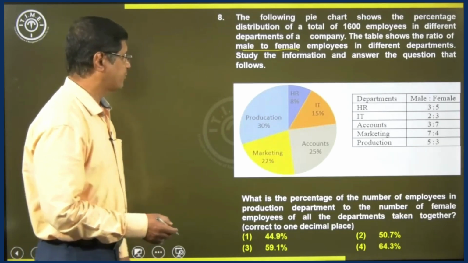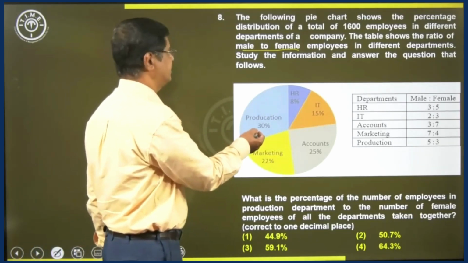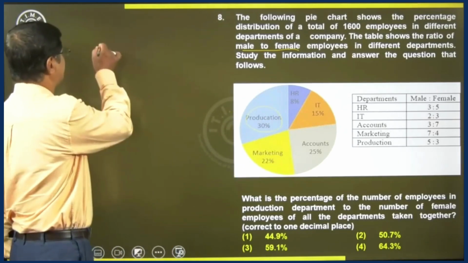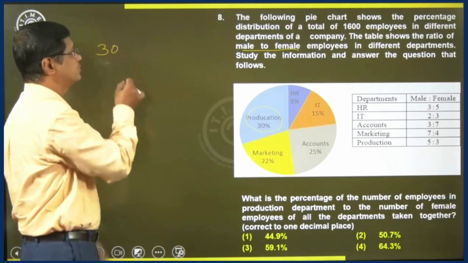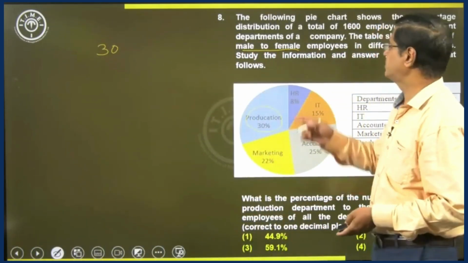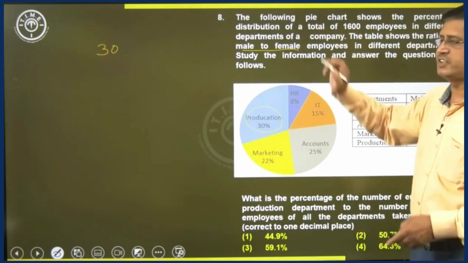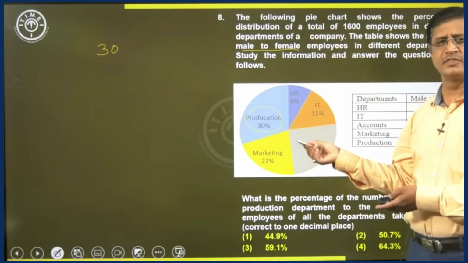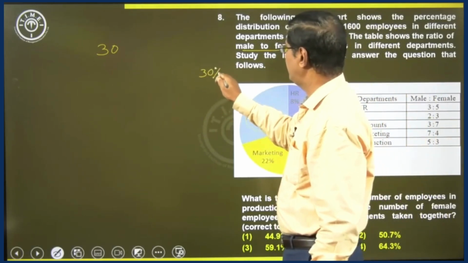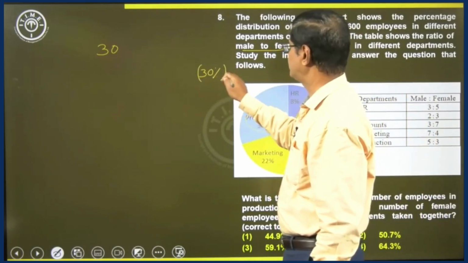In the production department, the number of employees is 30% of the total number of employees. The total number of employees is 1600, so 30% of 1600.